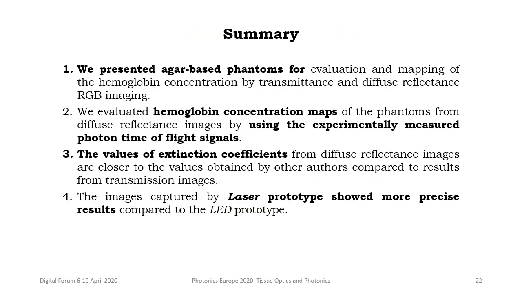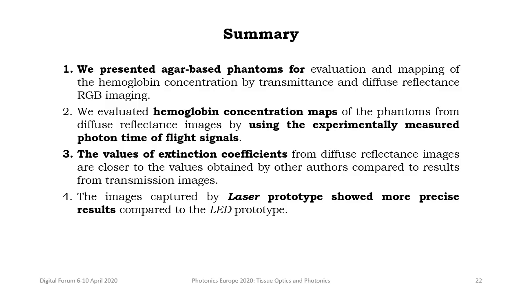To summarize, in this study we presented agar-based phantoms for evaluation and mapping of the hemoglobin concentration by transmittance and diffuse reflectance RGB imaging. We evaluated hemoglobin concentration maps of the phantoms from diffuse reflectance images by using the experimentally measured photon time of flight signals. As we know, no one has done it before.